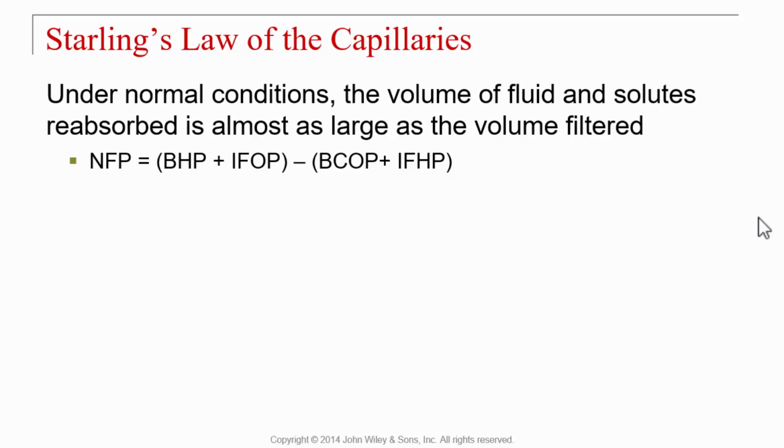And it's like what I had mentioned before, that most of the fluid that gets pushed into the interstitium is going to be reabsorbed back into the blood vessel. Okay. Again, there's a little bit left behind. Excess of that goes into the lymphatic system. What's left over hydrates the tissue.